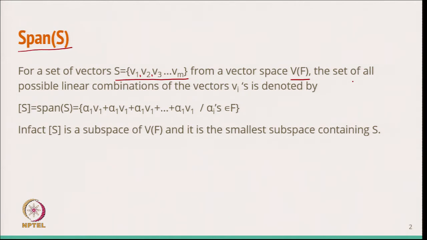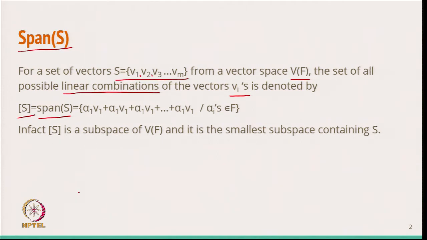Then the set of all possible linear combinations of the vectors Vi's. So, all the linear combinations we are taking here, and that is denoted by the span of S, and we also represent it with the close bracket S.